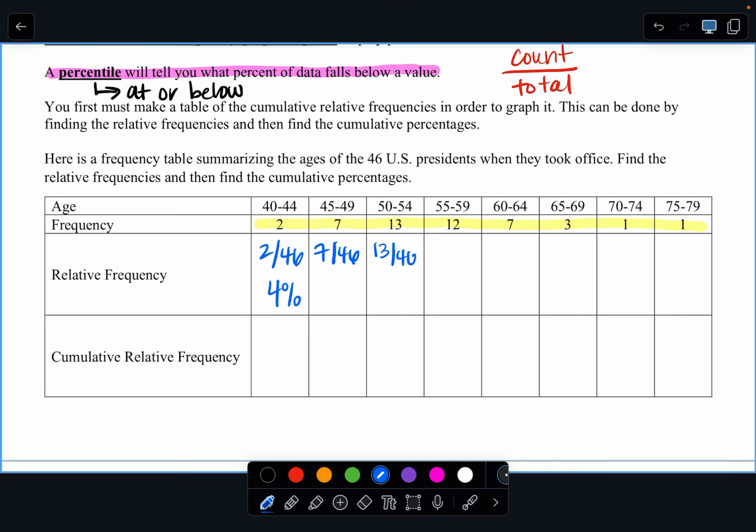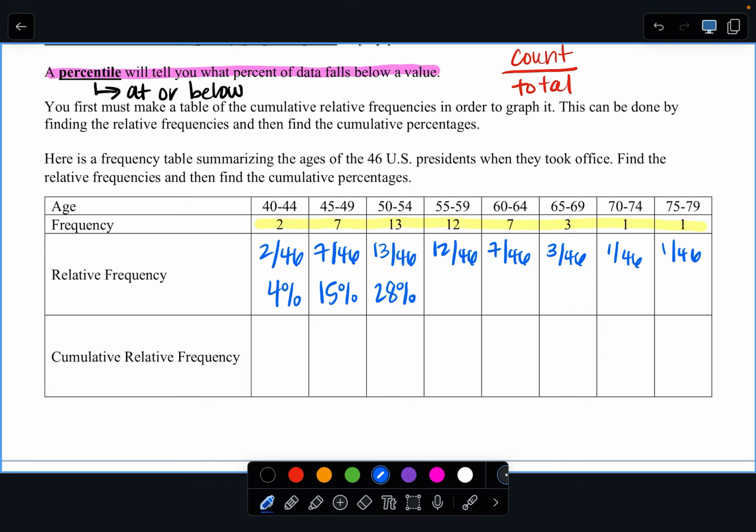You'll notice that I am rounding to a whole number. That's because when I go to graph this, I'm going to eyeball where these things are. So when I eyeball it, it doesn't matter that it's 4.2 versus 4%. So rounding to a whole number in these cases is fine. In most of stats, I tell you rounding to a whole number is not great.